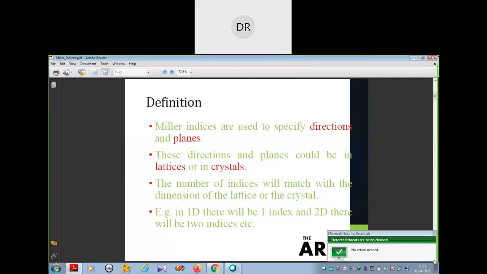Then we found different types of lattice: SC, simple cubic lattice; BCC, body-centered cubic lattice; and FCC, face-centered cubic lattice. Then we found the coordination number for each of them, the value of the atomic radius, and from that the density of the crystals, combining all the things.